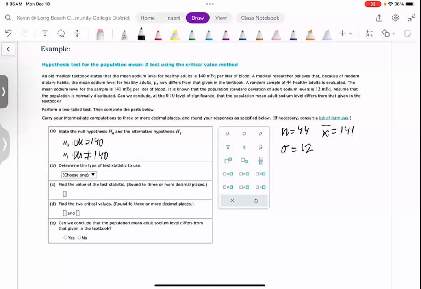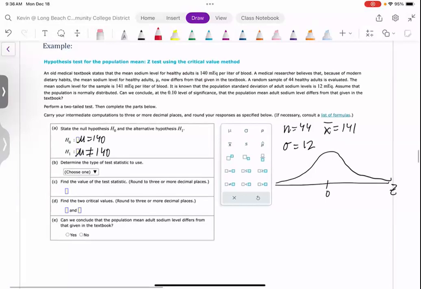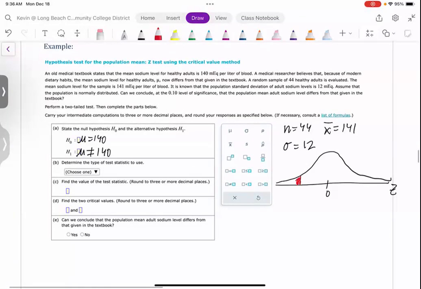Okay, so let's draw our picture. And this is Z. This is now a two-tail, which means that we have to split the alpha up into two separate pieces. So half of the 10%, the alpha is 0.10, here and here.